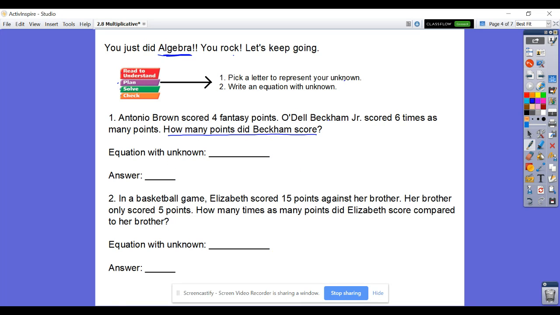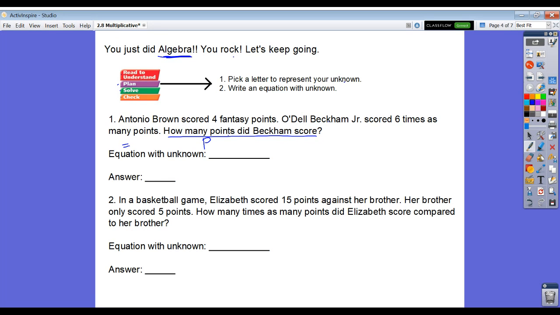Let's get back to the algebra. So we want to come up with an equation with an unknown. Equation means we know we're going to have our equal sign. And we said part of our plan is going to be to pick a letter to represent our unknown. So in this case, it wants to know how many points. So I'm going to pick the letter P for points. So now let's write this equation that would describe the situation.